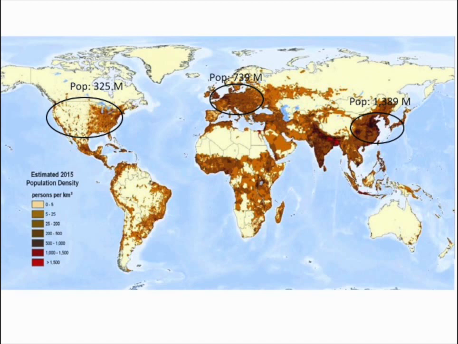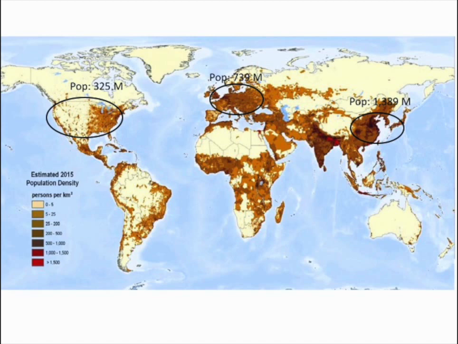I've added another circle here on China. 1.4 billion people. Note that 1.4 billion people in China is greater than the 1 billion people in both the USA and Europe. We have a large population center here.